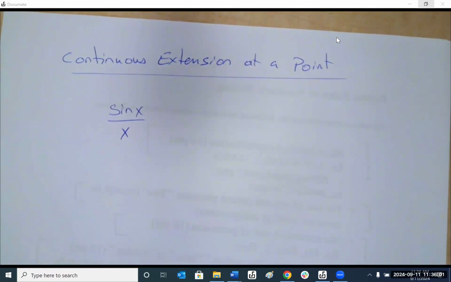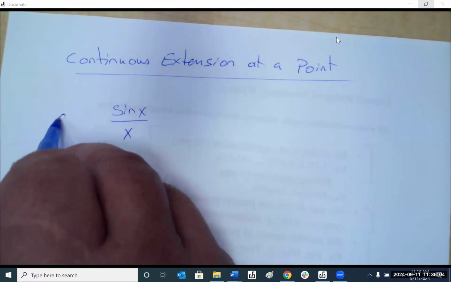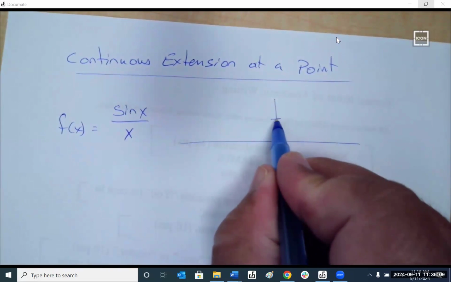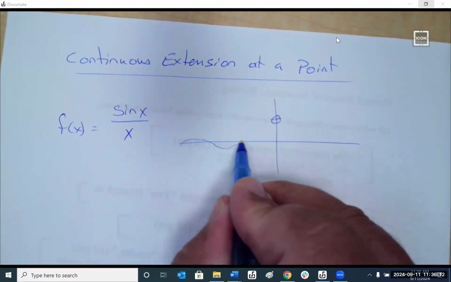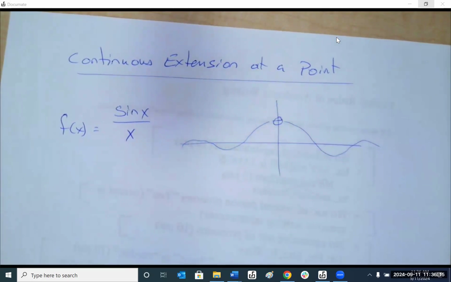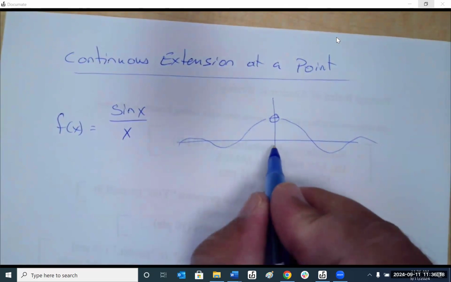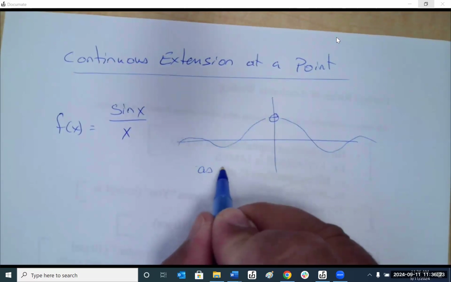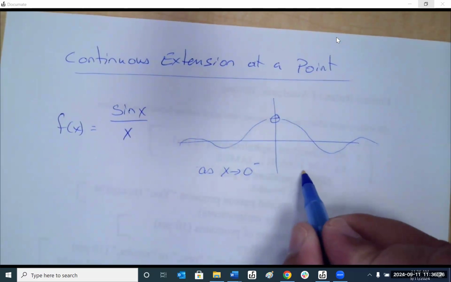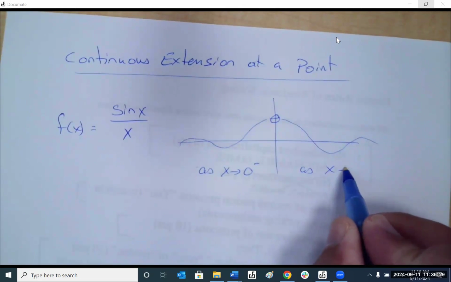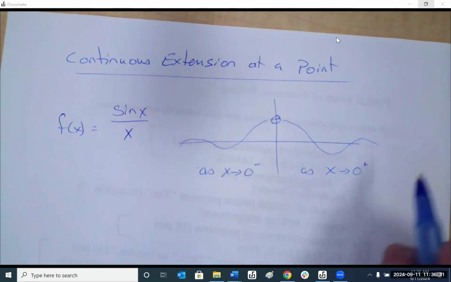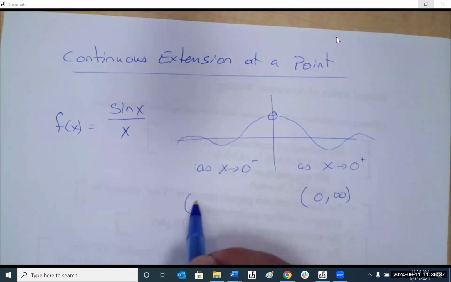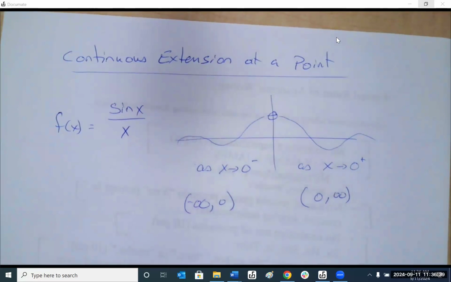This is the example we talked about last time. The function is continuous on the left side as x goes to 0 from the left and as x goes to 0 from the right. It's continuous on both sides, from 0 to infinity and from negative infinity to 0.